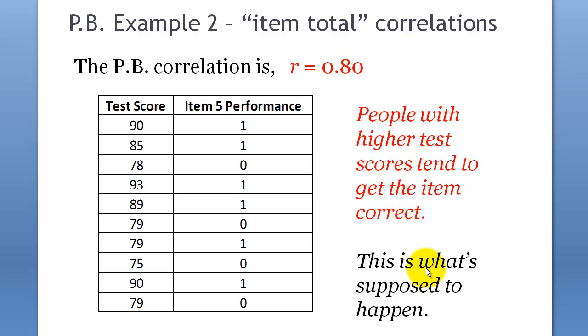So that's the idea. If there's no correlation, this question 5 might be off topic. Maybe you didn't cover that in class. So there's no relationship between the overall performance on the subject and this question. That's what you want to find out.